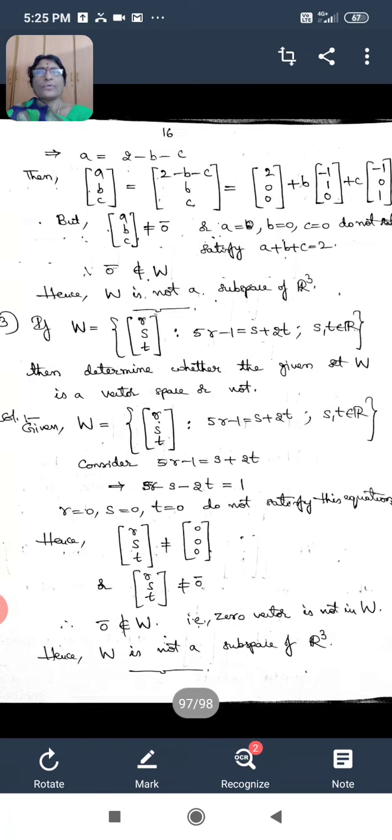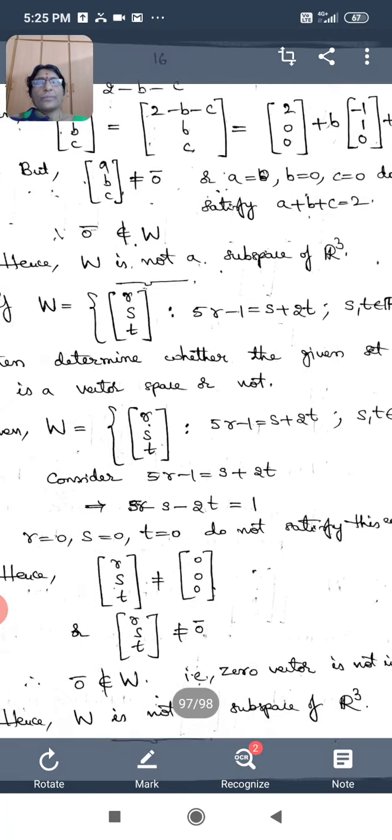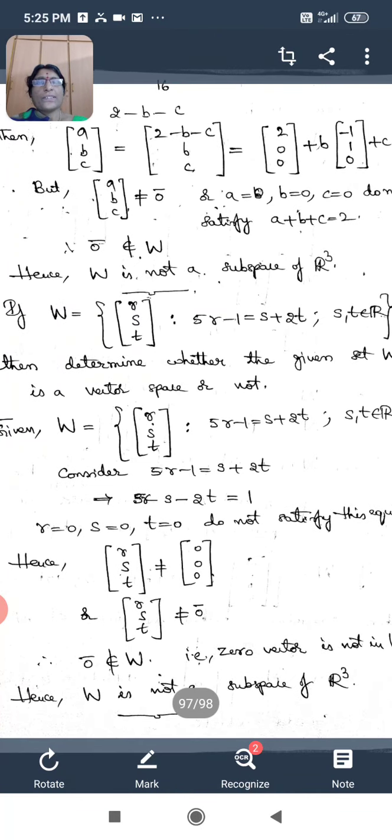Now let us move on to the next problem. That is again a problem wherein we are given a set W, and we are asked to determine whether the given set W is a vector space or not. That means we have to see whether W is a subspace or not.